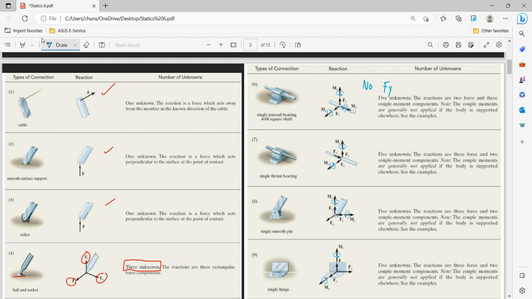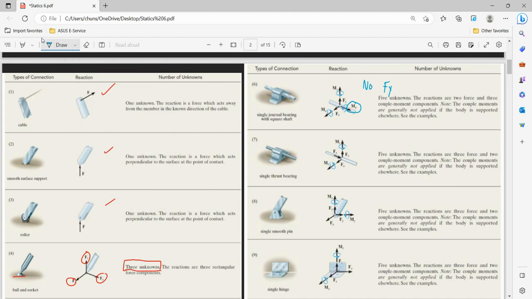In this case, you can still stick the peg through the bearing, right? But if it has a square shaft, you cannot rotate it while it's in that hole. So this restriction in rotation produces our moment at y now, but we still have no Fx because we can still insert the shaft through and still pull it out.